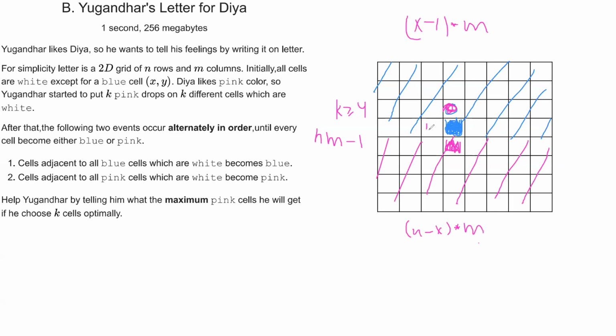Similarly, if we put something to the left, we will have y minus 1 times n, and if it's to the right, then it will be m minus y times n. Now you can compare all these four numbers, select the maximum, and output it as it is.